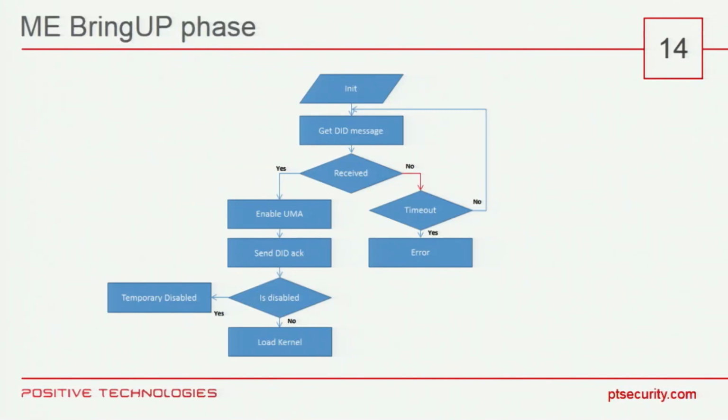That's the bring up module scheme. We have a timeout guide. If during some time the host does not send the guide, management engine goes into the timeout mode and cannot function any longer. So we all have access to BIOS.